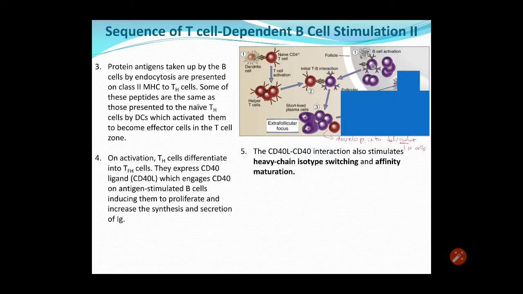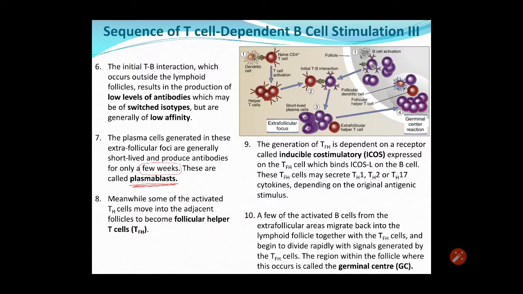So now within these germinal centers we have an interaction between these extra activated B cells and these extra differentiated follicular T helper cells. So now we're getting extra signals being bombarded between the two of them.